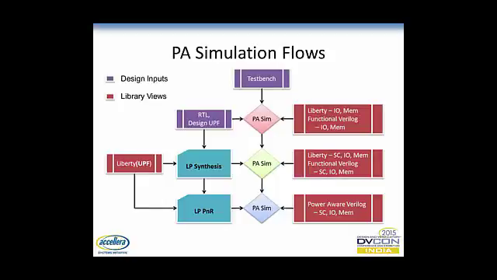You can use the power-aware Verilog itself along with the PG netlist generated by the PNR tool. As you can see in the last step, there's no Liberty involved in running power-aware simulation. So these are the various stages where you can use power-aware simulation and the various physical IP views involved in running the simulation.